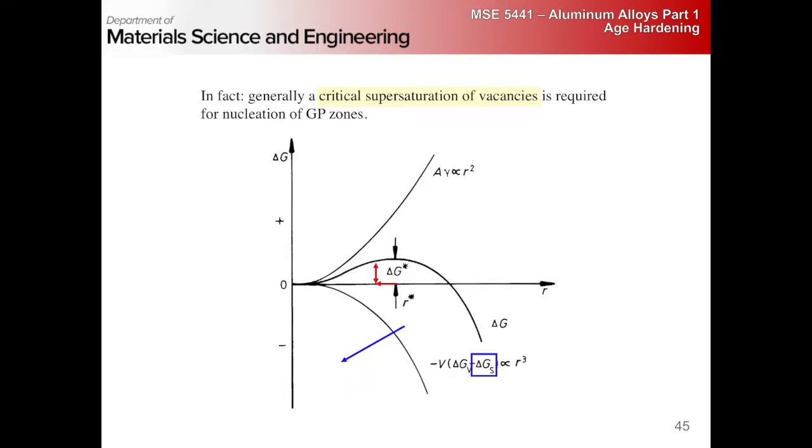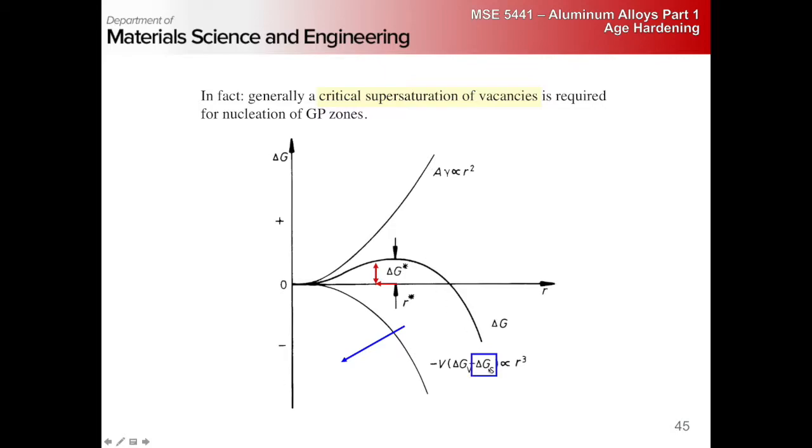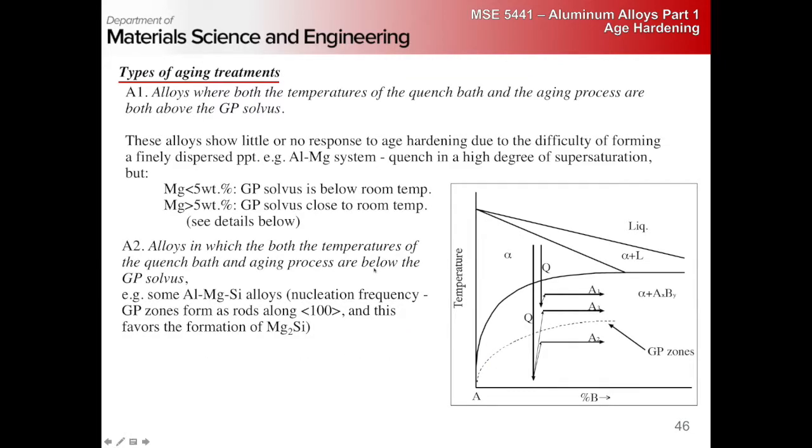Right, so if we think about what happens, the presence of vacancies is not going to affect our surface energy term, at least not as a first order effect. It's also not going to affect our bulk equilibrium free volume concentration, but it can have a profound effect on the strain term, which is going to move this curve down, which is going to move our critical radius smaller.